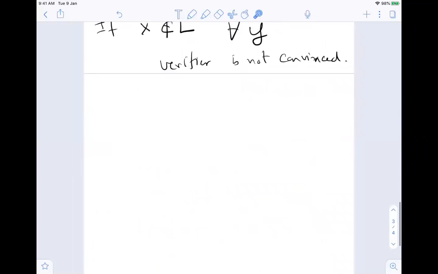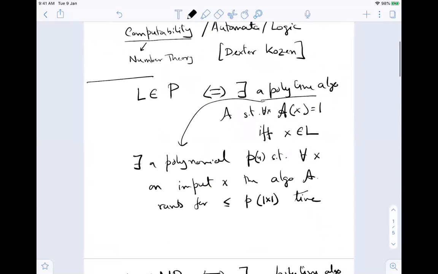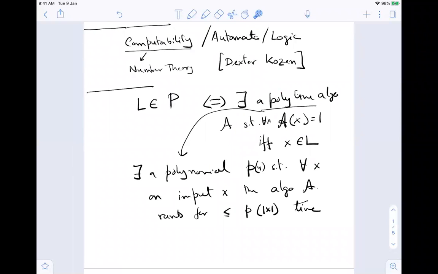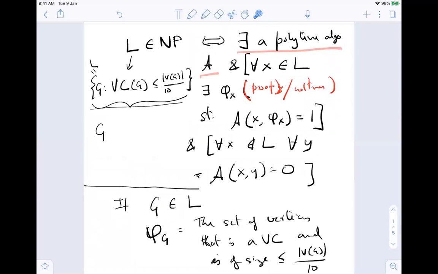A language P is such that X is in the language if and only if... In some sense, in the language NP, it is impossible to convince someone that X is not in L. I am not even expecting it to happen.